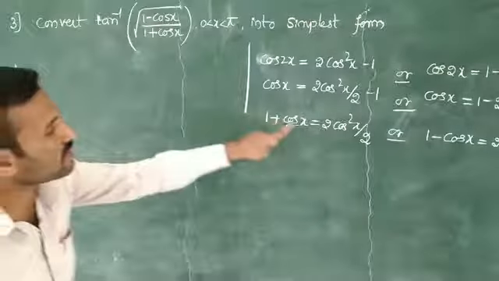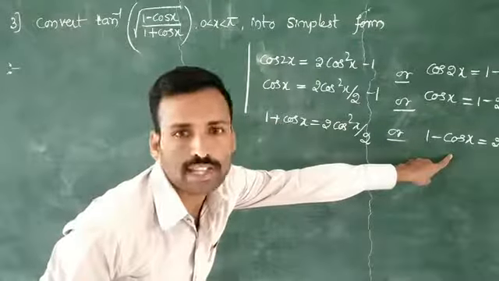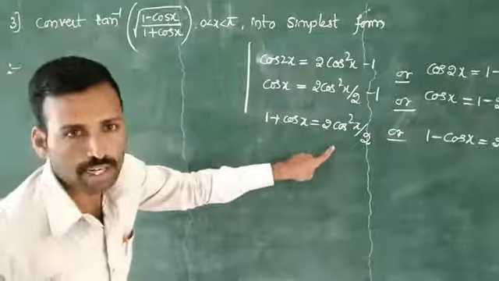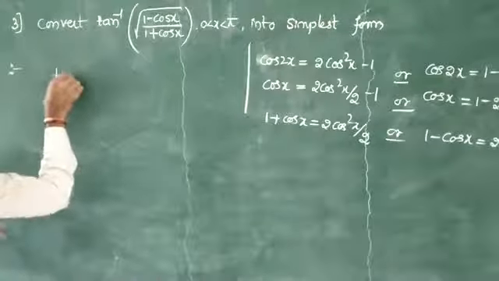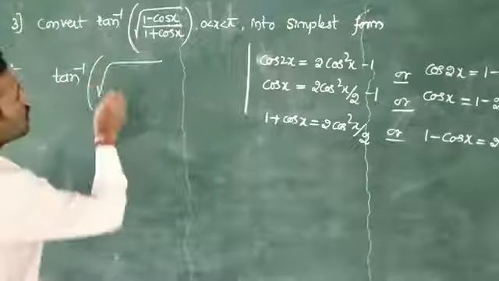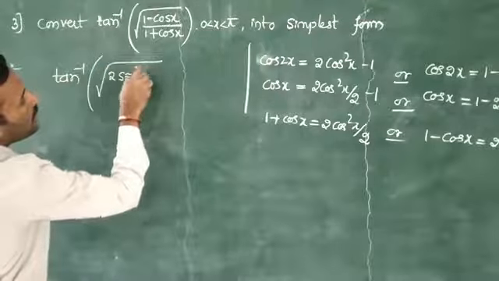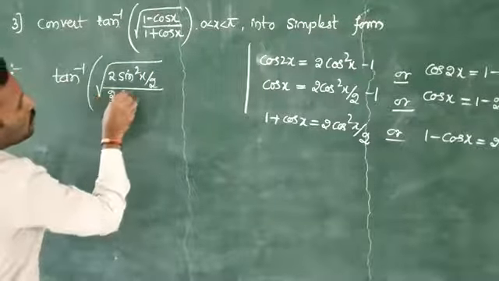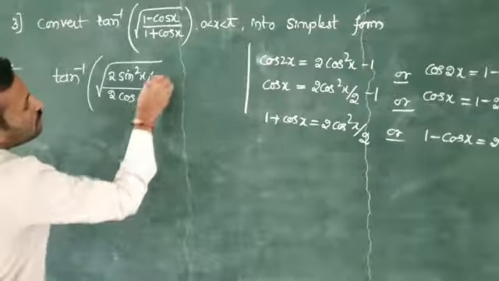Replace 1 minus cos x by 2 sin square x by 2, and 1 plus cos x by 2 cos square x by 2. Now this simplest form becomes tan inverse of root of 2 sin square x by 2 divided by 2 cos square x by 2.